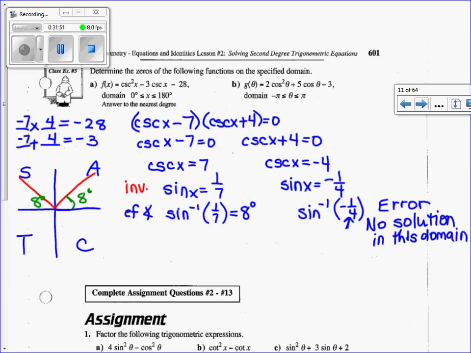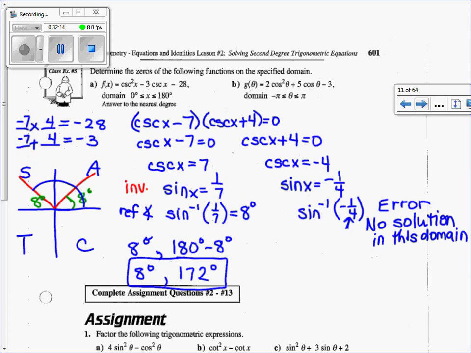Okay, so one of my angles then is 8 degrees. And the other one I have to calculate by going 180 minus 8 degrees, which is 172 degrees.